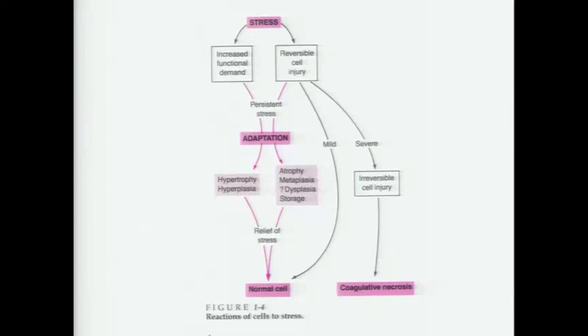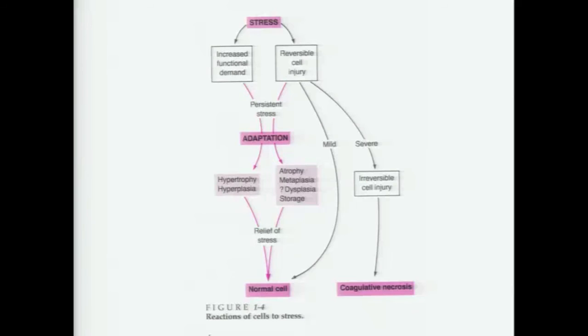And then this one called dysplasia is really not an adaptation so much as a consequence of injury. It doesn't increase the cell's stability. It is just the manifestation of cell injury that is not beneficial in any way.